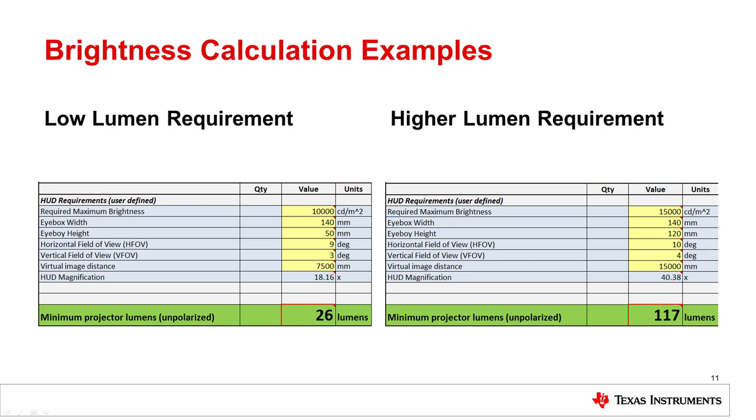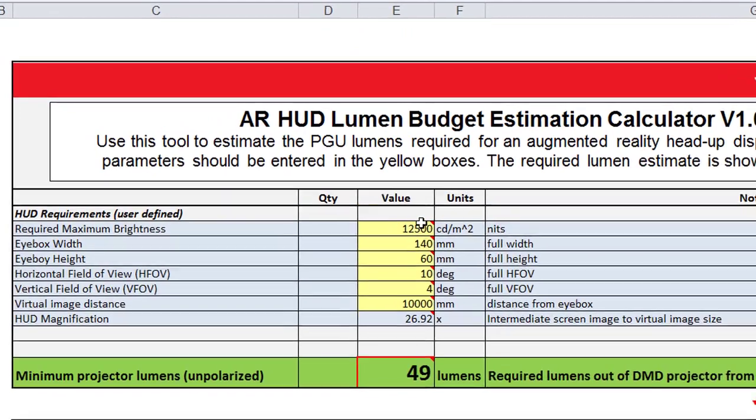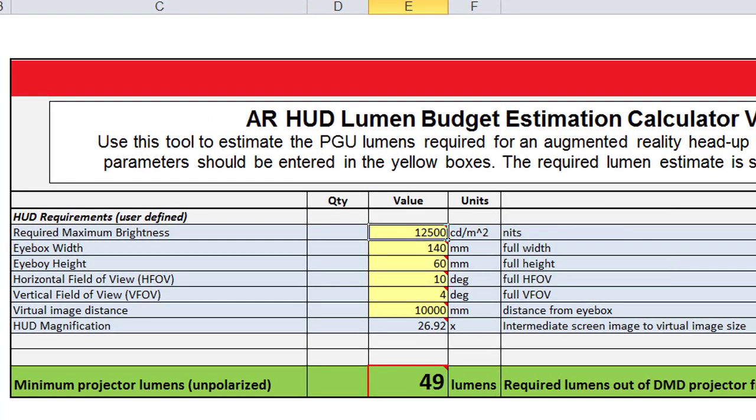We will now look at two example lumen calculations for an AR HUD, one with low lumen requirements and one with high lumen requirements. We can see when decreasing the values for maximum brightness, eye box size, and field of view, the lumens required also decreases. Adjusting the VID does change important HUD properties such as solar loading, but does not significantly affect the lumen requirement.